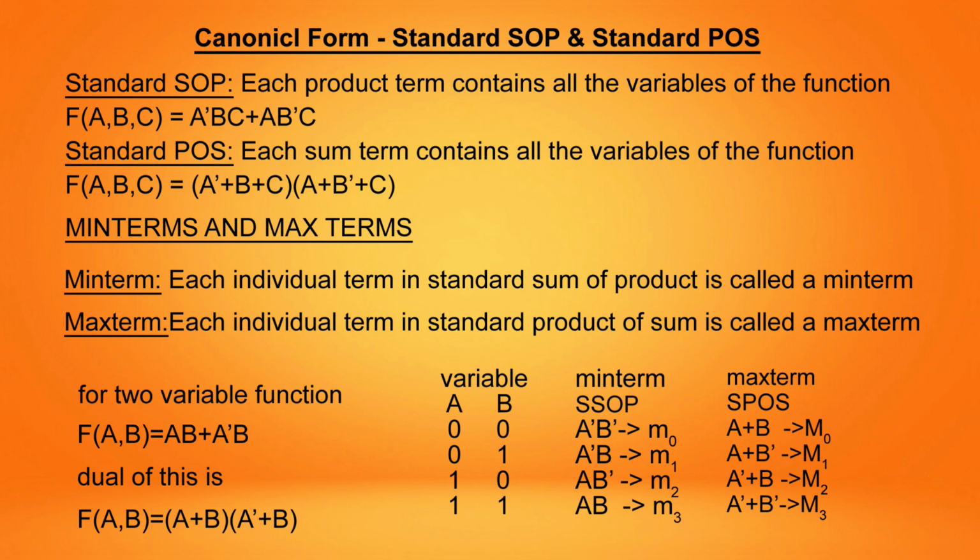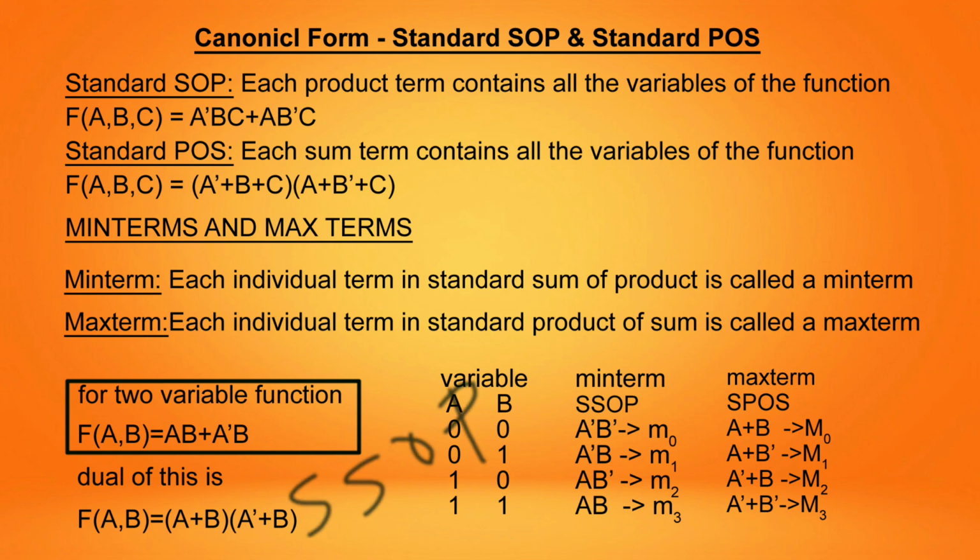Now we will see how we are going to represent the function in minterms and maxterms. Consider the function f(a,b) equal to ab plus a bar b. This is in SOP form. In ab, we are having both a and b. Similarly, in a bar b, we are having a and b.